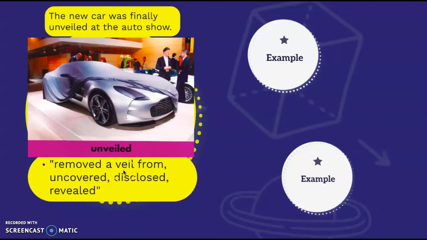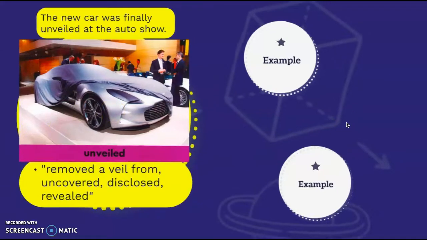Unveiled means removed a veil from, uncovered, disclosed, revealed. So to be veiled right now means it has this sheet over it, so no one could see what the car was, but now that we're pulling this sheet back, we're unveiling it, we're uncovering it, it's revealed. We can finally see what this car looks like.